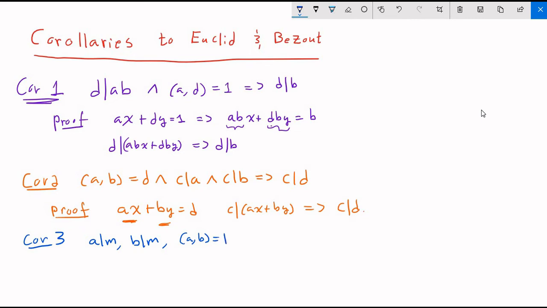Perhaps I've mentioned this in another video, perhaps not, but we also call this coprime, because they share no common factors. We also say relatively prime as well. So in this case, we're going to conclude that a times b divides m.